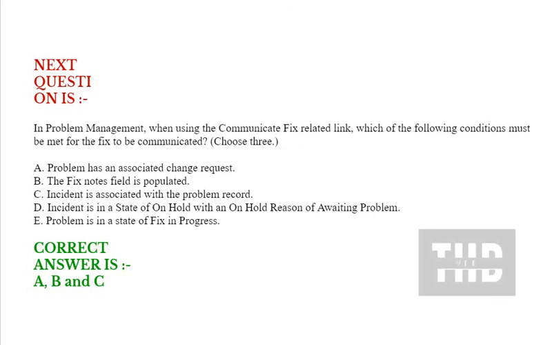Option C. Incident is associated with the problem record. Option D. Incident is in state of on hold with an on hold reason of awaiting problem. Option E. Problem is in state of fix in progress. Correct answer is option A, B and C.